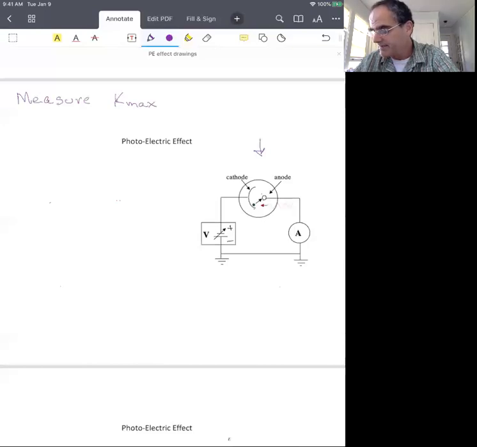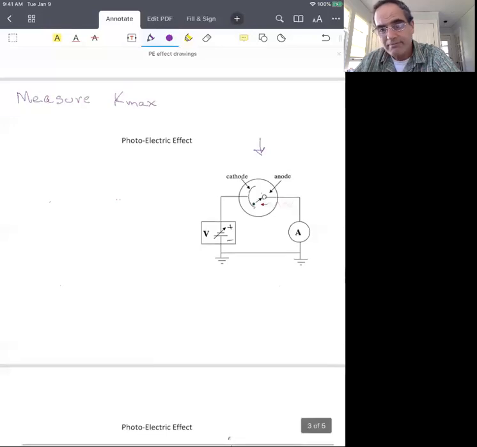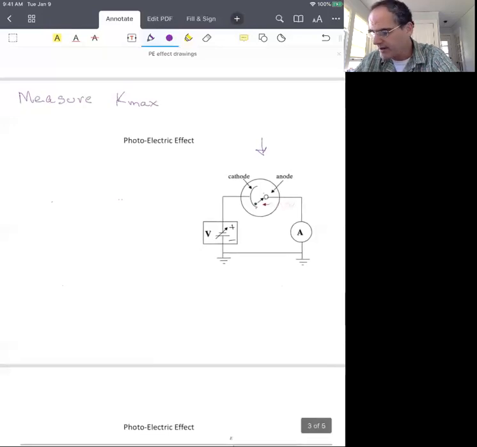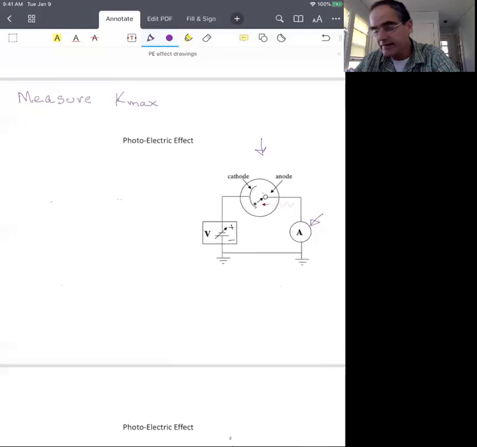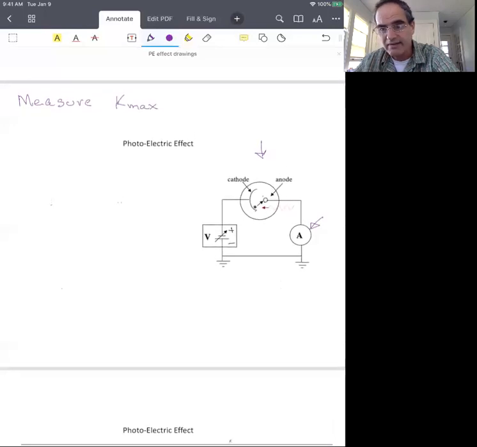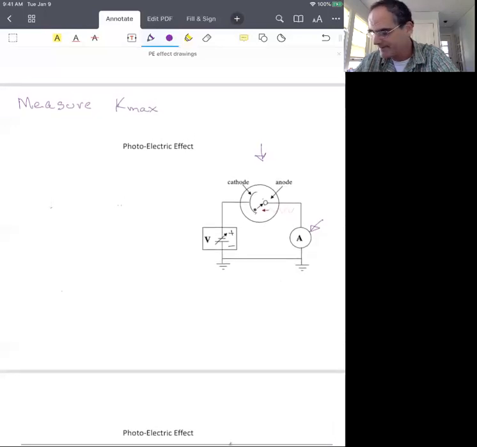And then these electrons will run around the circuit so they're available at the cathode to be re-excited. Thus, we can measure the presence of a photocurrent by inserting an ammeter into the experiment. And when we shine light onto the photocathode, we should measure a current in the experiment. Okay?